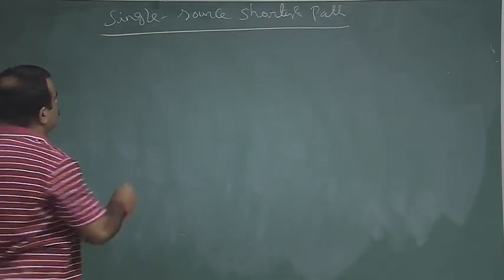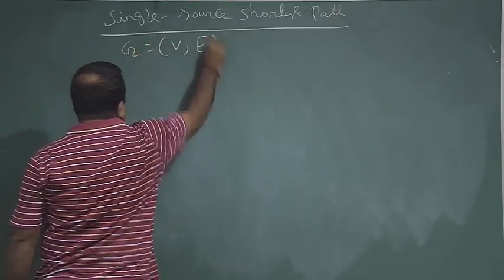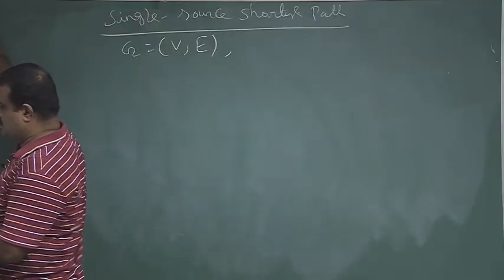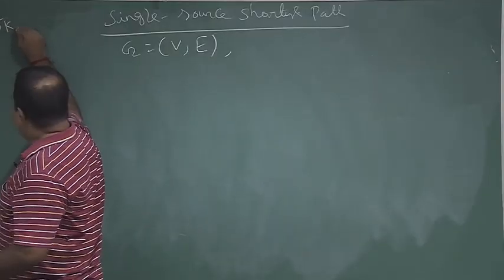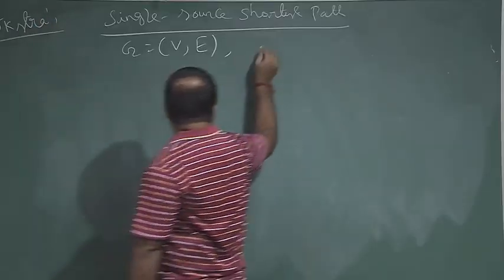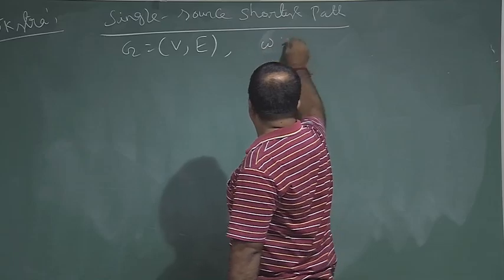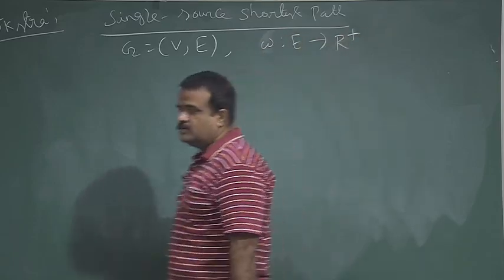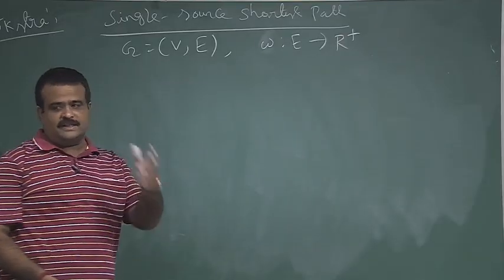Here we are given a graph G = (V, E), and this is Dijkstra's algorithm. For Dijkstra's algorithm, we have an assumption on the weight function W, which maps to R plus. We are not allowing any negative weight edge, to avoid negative cycles.